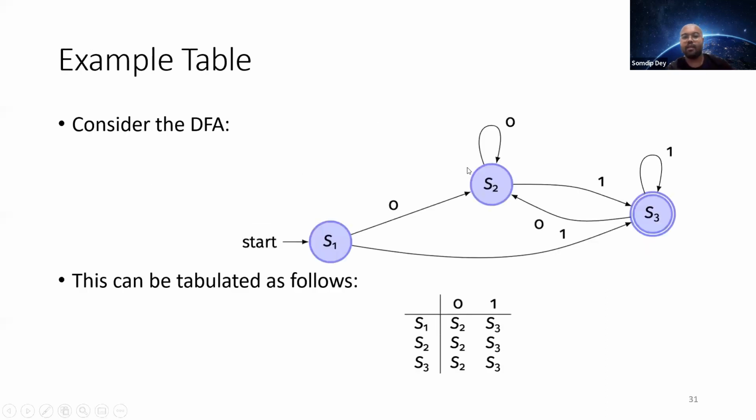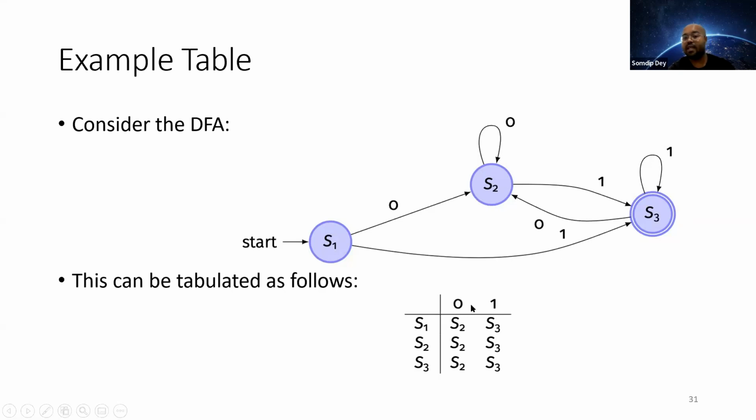Let's take an example here. Let's say we have a DFA like this, consisting of states S1, S2, and S3. You can see we can create a state transition table where on the left-hand side rows we have all the states that can happen, S1, S2, S3. And the columns are specifically for the inputs, because the transition can happen for 0 or 1.